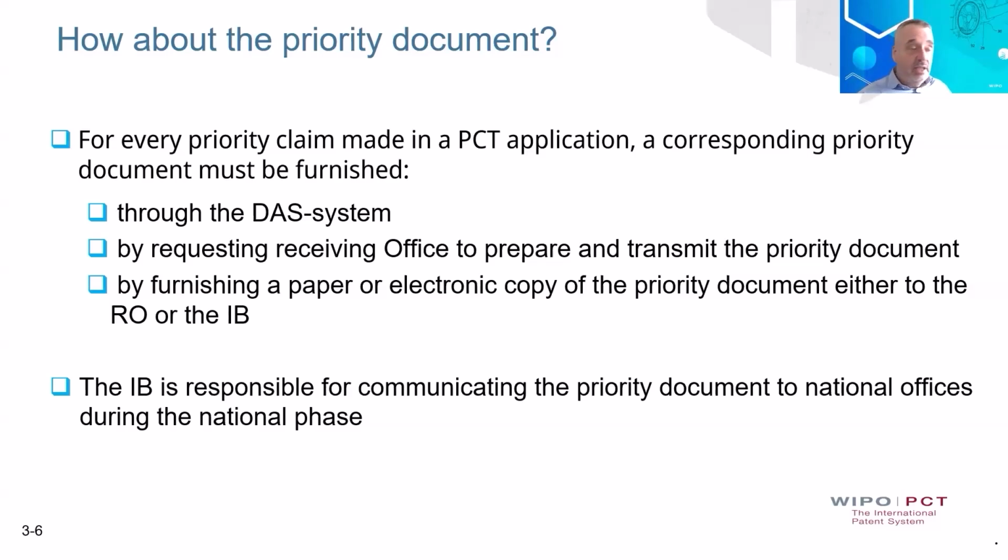If you use ePCT and if you enter a code, the system will actually automatically try to validate whether this is a document that we have access to, and you will get instantaneous feedback that everything should be fine and you complied with the requirement to furnish a priority document. So that's really nice reassurance for any applicant filling in a request form, and another reason why we strongly recommend the use of ePCT.